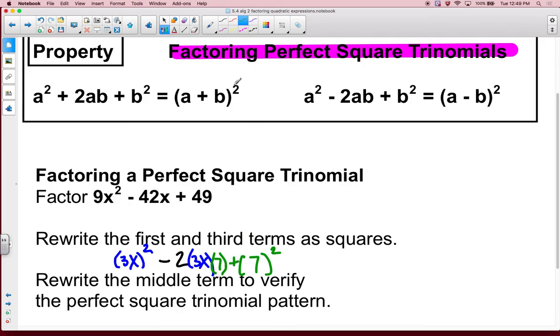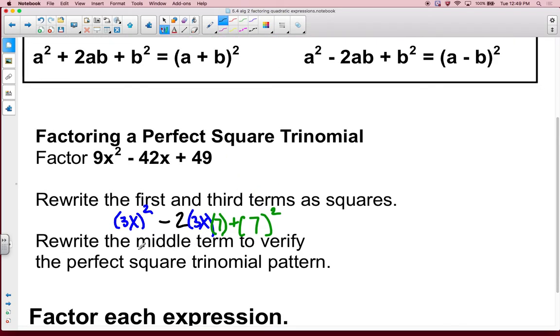So let's make sure that this checks out. Rewriting the middle term to verify it, we want to make sure that it multiplies to be a negative 42x. So negative 2 times 3x is a negative 6x, and negative 6x times 7 is a negative 42x.